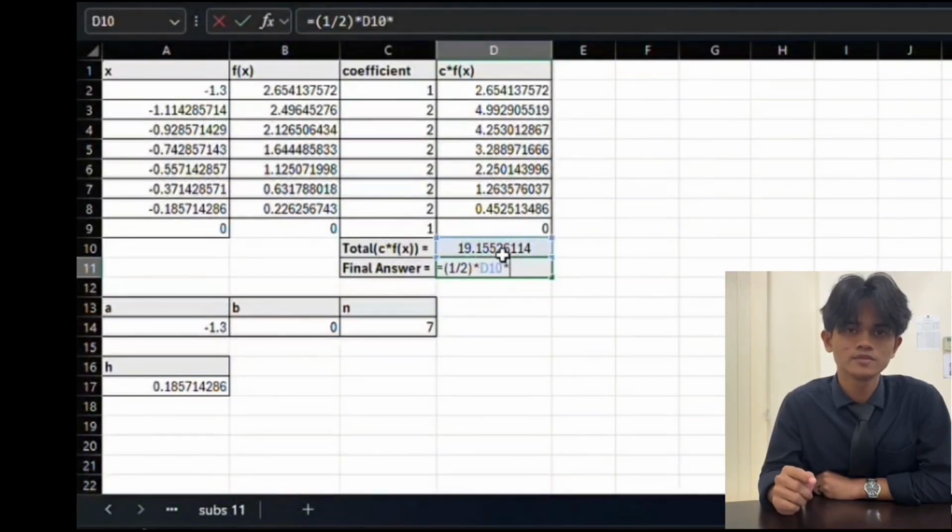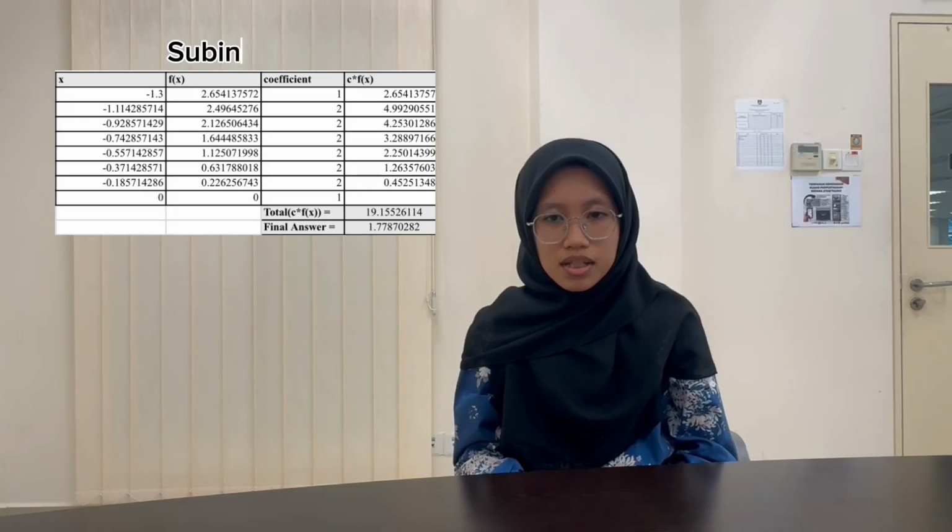After that, we will get the integral. After applying the trapezoidal rule in Excel, we found that with 7 steps interval, the estimate area under the curve is 1.778703, while with 11 steps interval it is 1.779328.